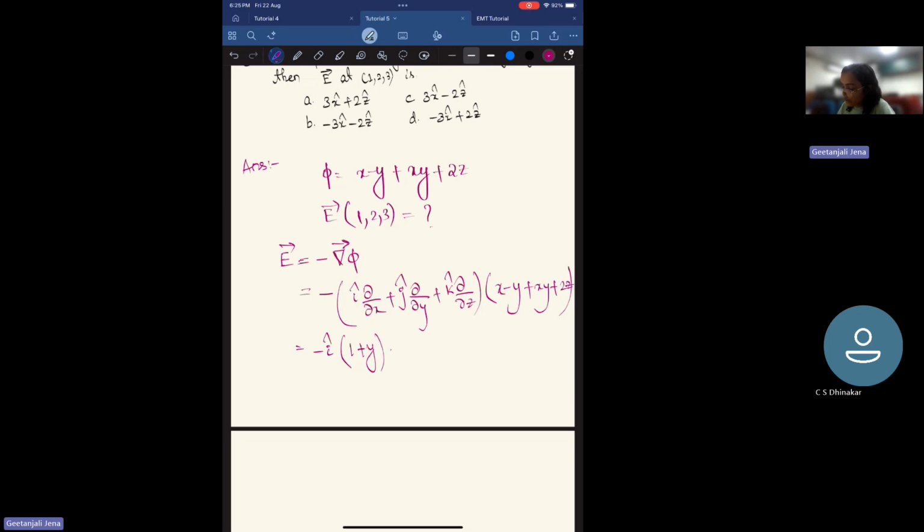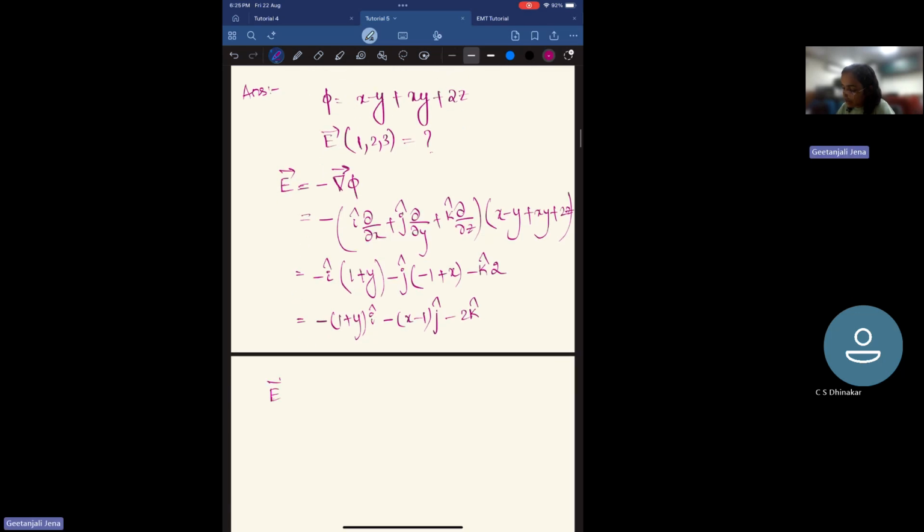So this is 1 plus y. Then minus j cap dou by dou y: minus y gives minus 1, xy gives plus x. Minus k cap dou by dou z of 2z gives 2. So we have minus (1 plus y) i cap minus (x minus 1) j cap minus 2k cap.